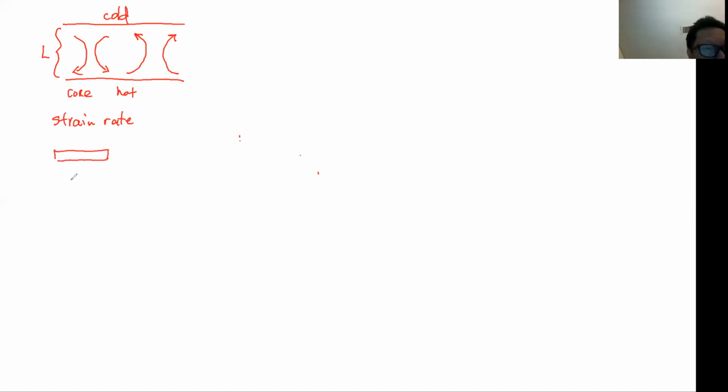And let's think of a sandwich here with peanut butter in between, right? This is a very thick peanut butter sandwich, so somewhat exaggerated. But what I'm going to do is shear the two sandwich planes here at a rate, say, given by some velocity, meters per second. And that's driven by a force, okay?